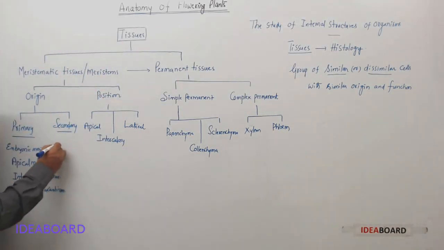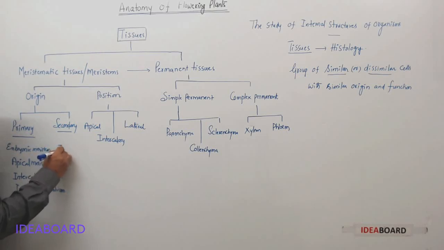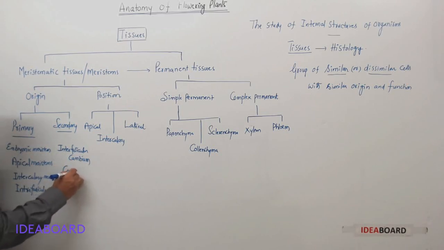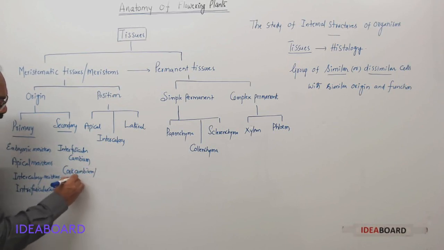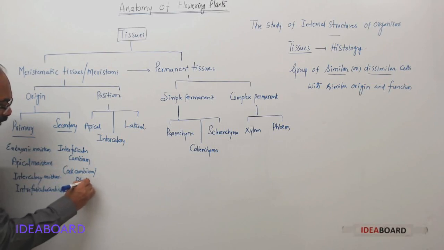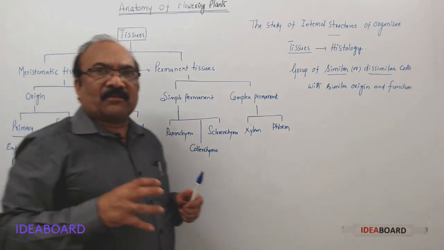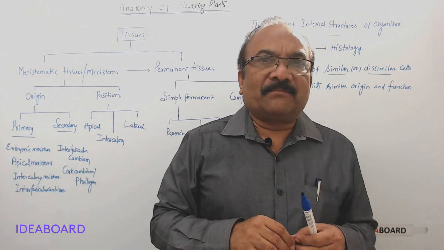So the secondary meristems include, for example, interfascicular cambium and also cork cambium. And one more name for cork cambium is phellogen. So this is based on origin in the life of the plant.